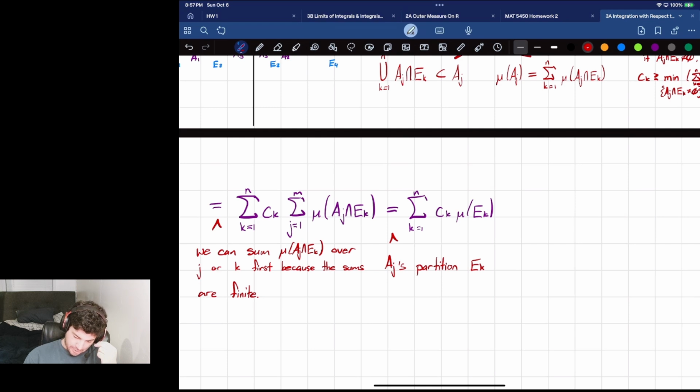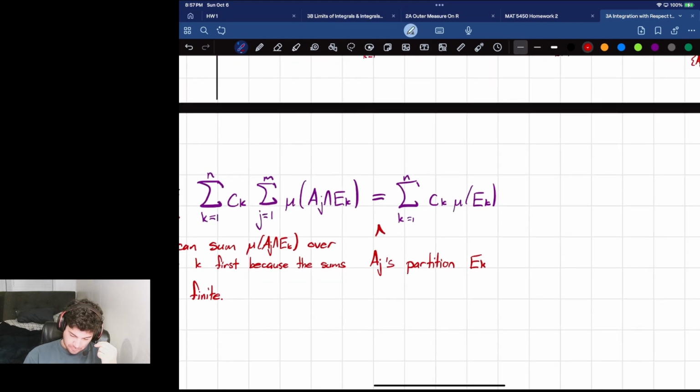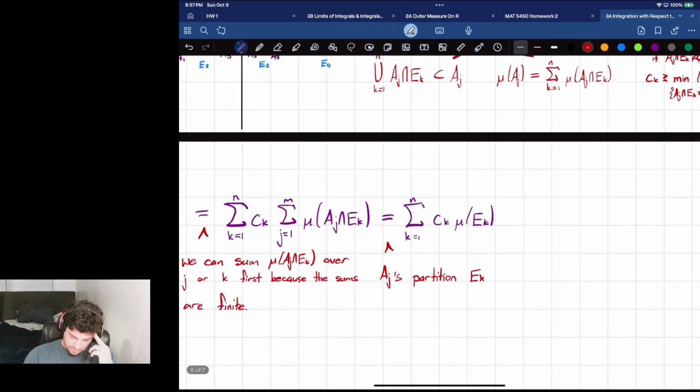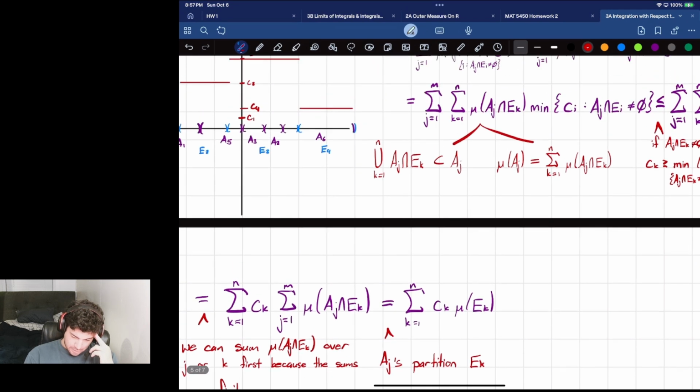And so when we take the sum, you basically arrive at the measure of Ek piece by piece. Was this true?